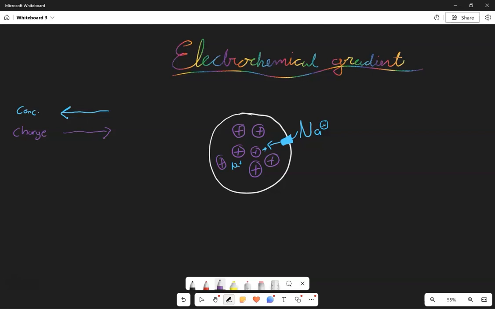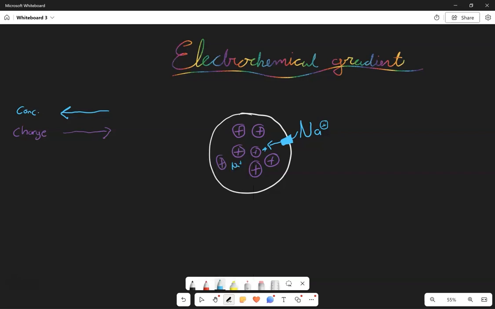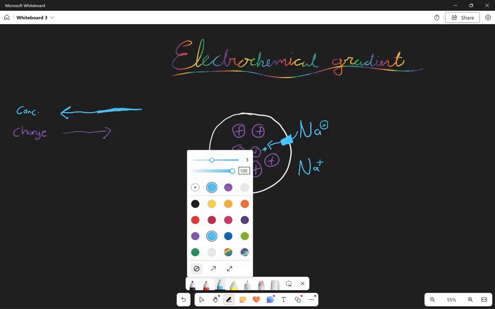Now, let's say we put a whole bunch more sodium outside of this cell, and we really increase that force of the concentration gradient, like so, all right?